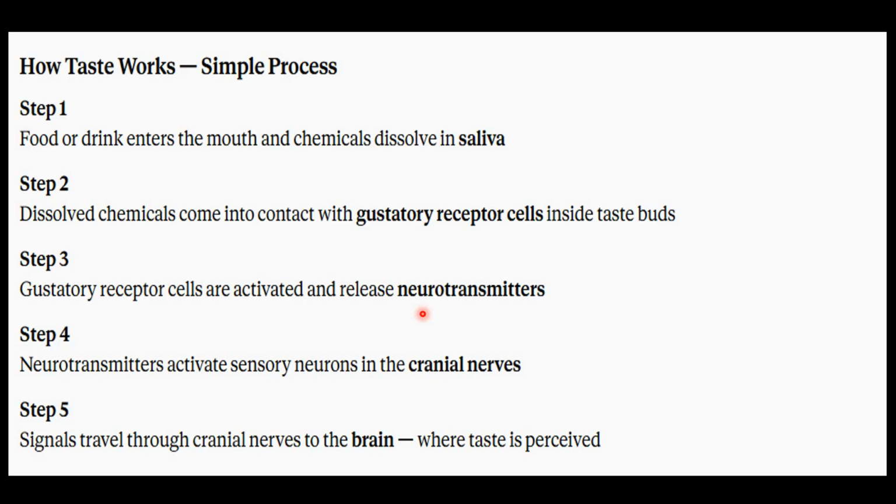For step 4, the neurotransmitter activates sensory neurons in the cranial nerves. Then signals travel through the cranial nerves to the brain, where taste is perceived. So these are very simple steps to understand how taste actually works.